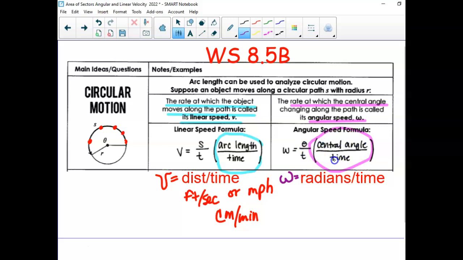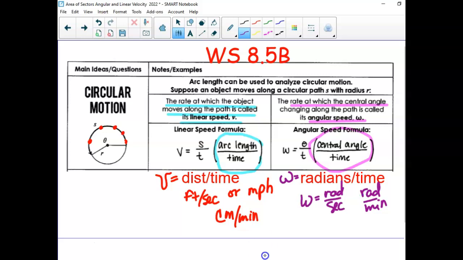They say they take the angle and divide it by time, but as long as you are in radians per time, like radians per second or radians per minute, you found an angular velocity. What it is not is revolutions per time. If they give you revolutions, you have to convert it to radians, okay?